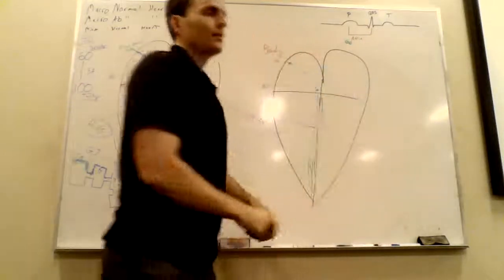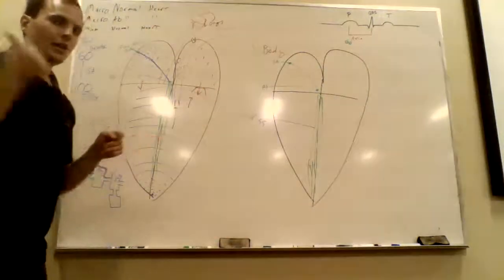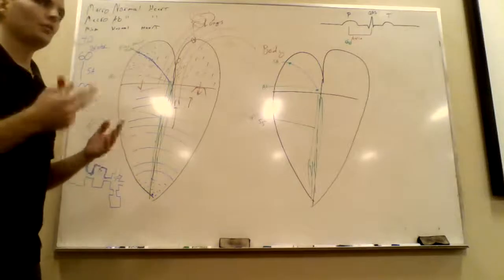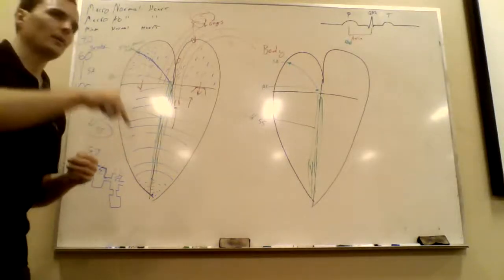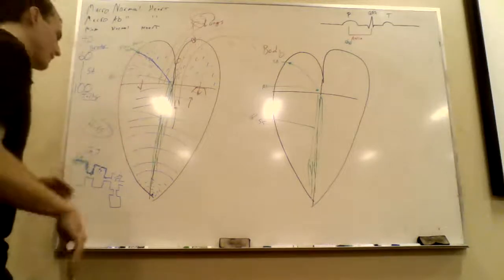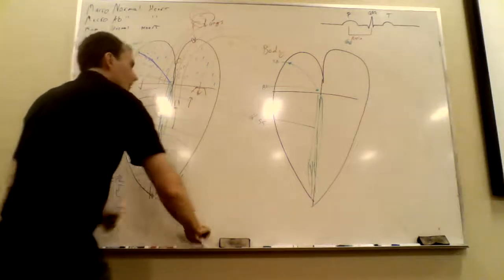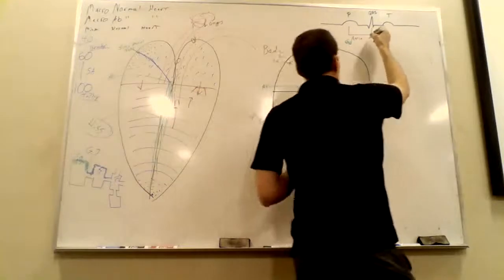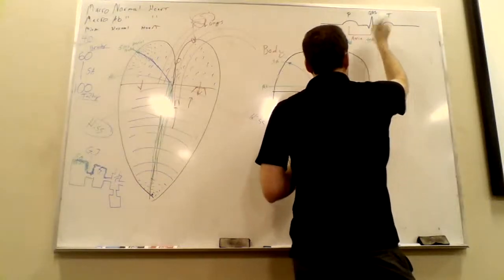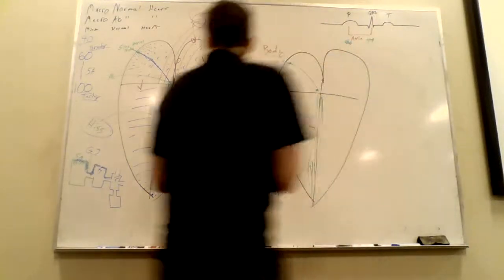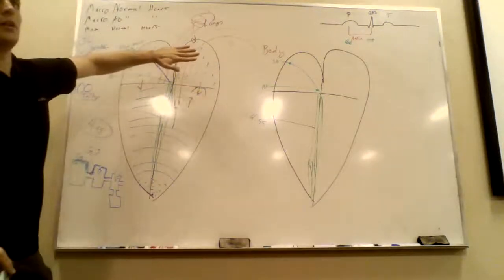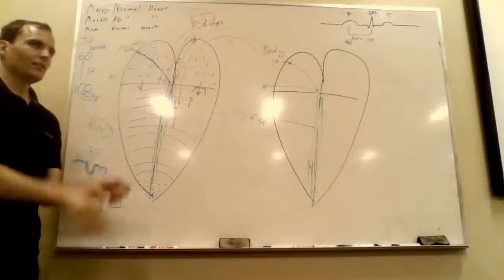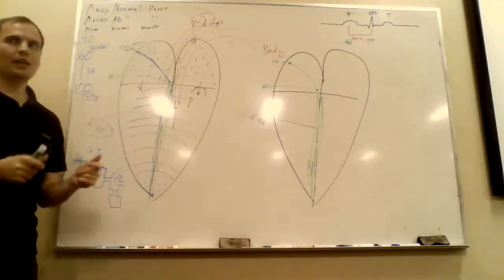QRS complex. The reason it looks so janky is, a couple reasons, but one of them is because there are two things going on there. We're going to talk about one right now, the atrial side of the story. That is atrial repolarization. Atrial stop. So after all this wave has gone through, we have a resting period. The cells, even if another wave came through right then, couldn't fire off.